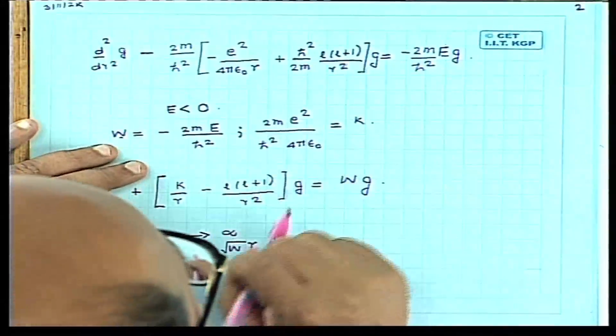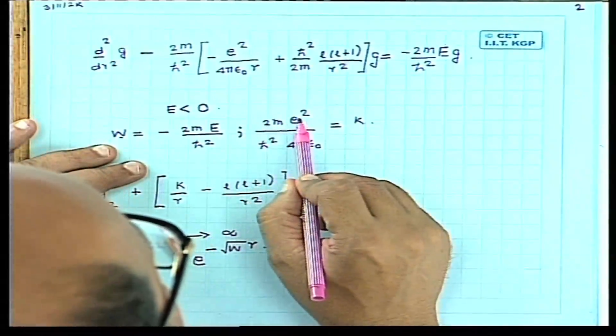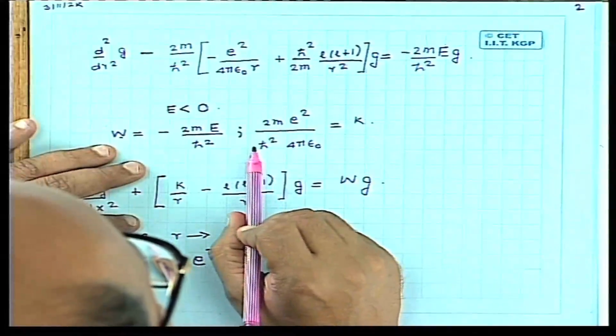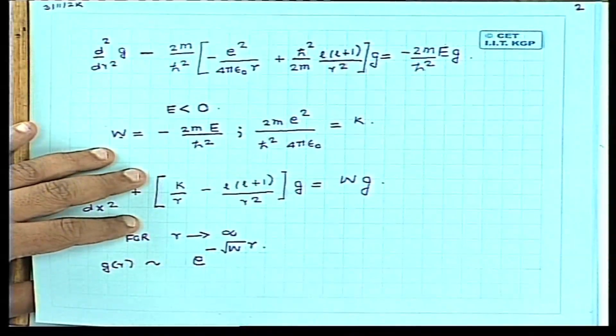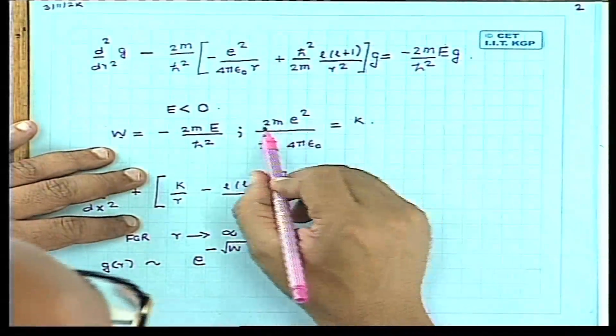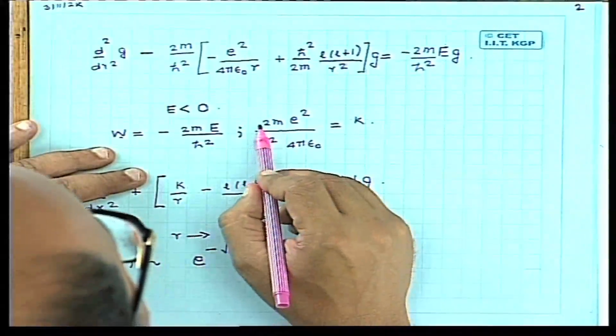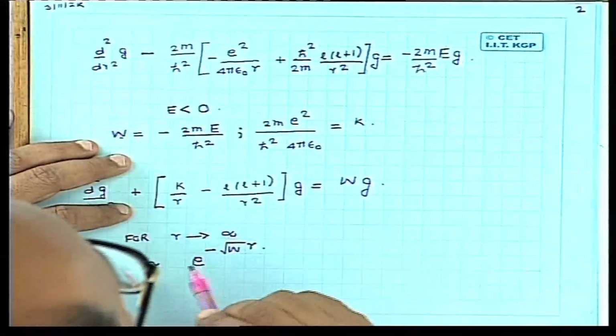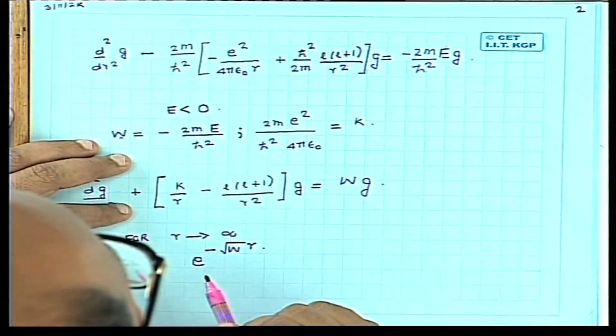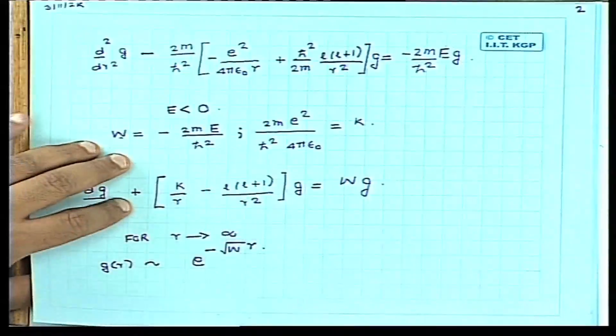So k is equal to 2m e square by h cross square 4 pi epsilon naught. Now this is equal to 2 times, so let us see if we can write this in terms of the Bohr radius.